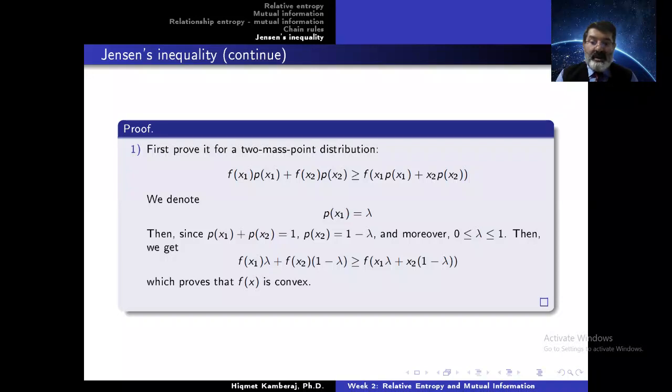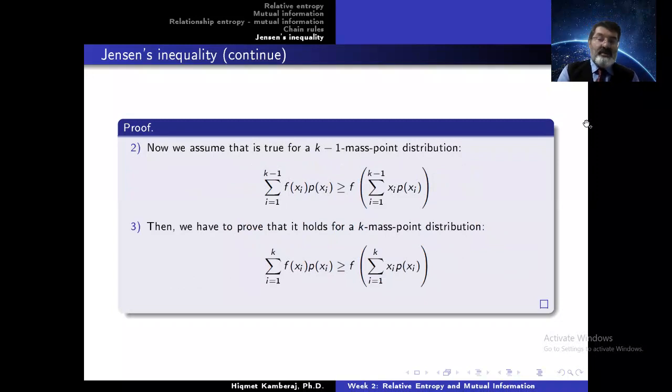Why? Because p of x1 plus p of x2 is equal to 1. And then we get that f of x1 times lambda plus f of x2 times 1 minus lambda is greater or equal to f of x1 lambda plus x2 times 1 minus lambda. Now this proves that f of x is a convex function based on the definition of the convex function.